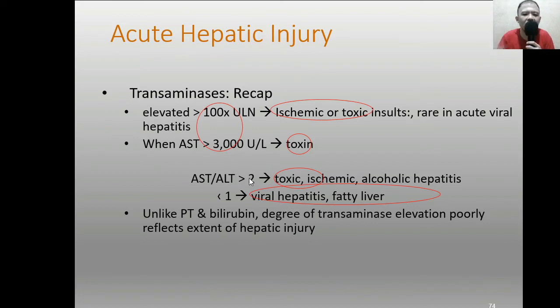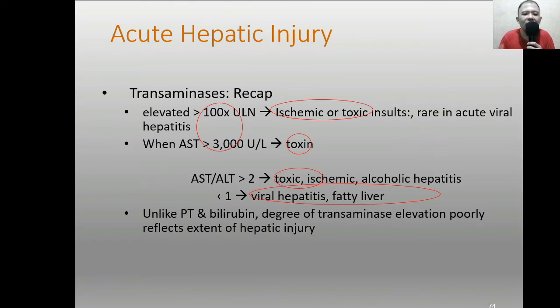But let's make it general. For alcoholic hepatitis, it's greater than 1. Maybe for toxic and ischemic, it's maybe greater than 2. The De Ritis ratio is greater than 2. For viral hepatitis and a mild injury, the De Ritis ratio is less than 1.